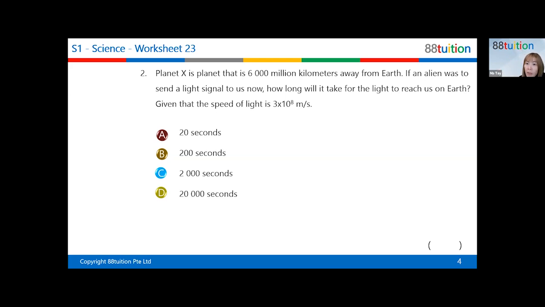So there are a few steps to do it. Okay, so you type 3 times 10 to the power 8 into the calculator. Then you take 6,000.